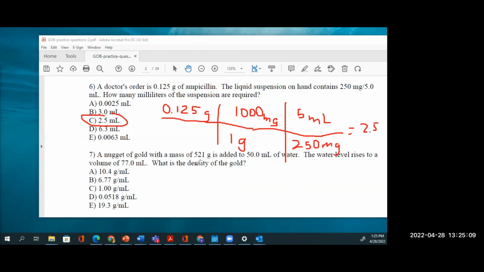Okay. So we go 77 minus 50 equals 27 milliliters. And then you said just divide 521 by 27.